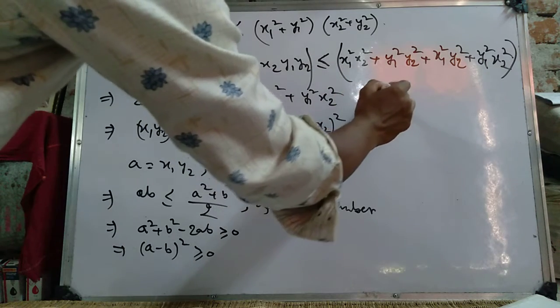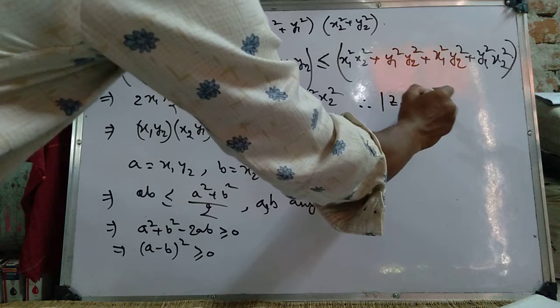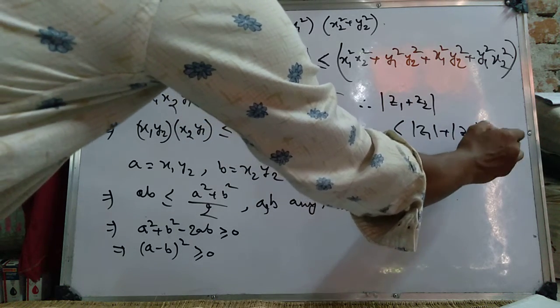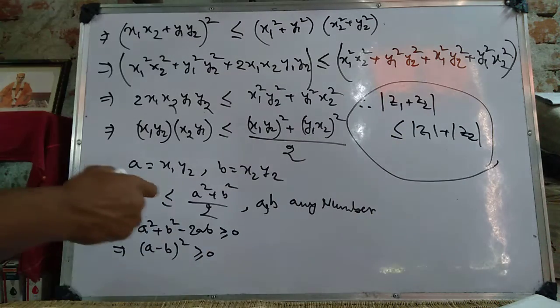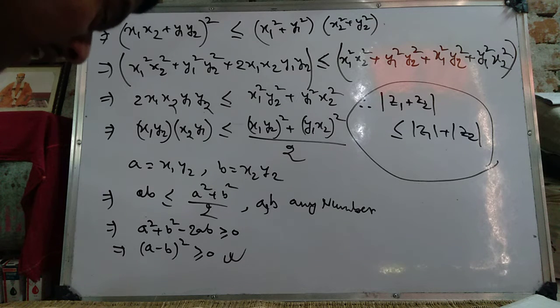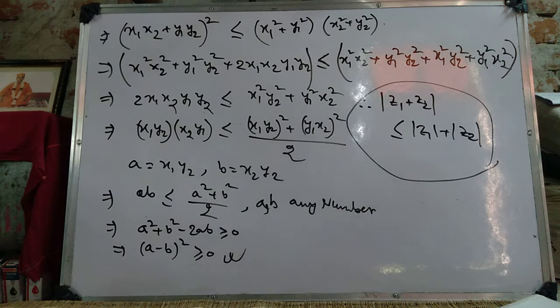That means we also proved this one, mod of z1 plus z2 less than or equal to mod z1 plus mod z2. From where? From the basic level, from this basic property, and also getting this triangle inequality. So we now prove this triangle inequality in this fashion. Okay, and obviously geometrically we can also see it so quickly.